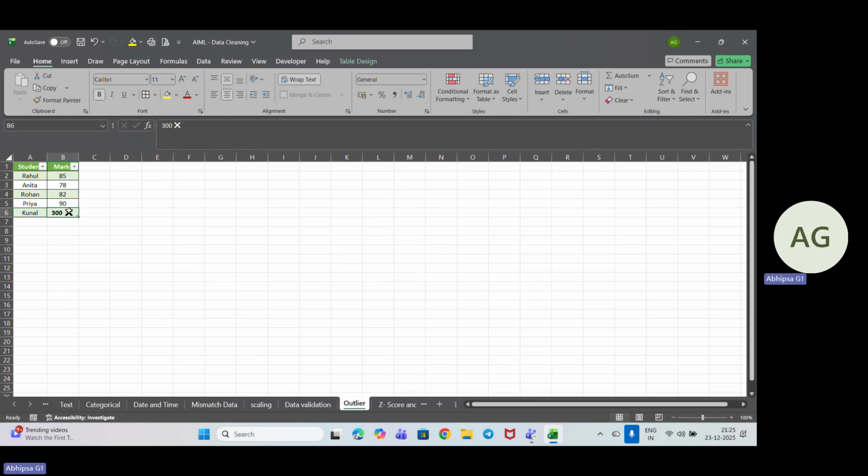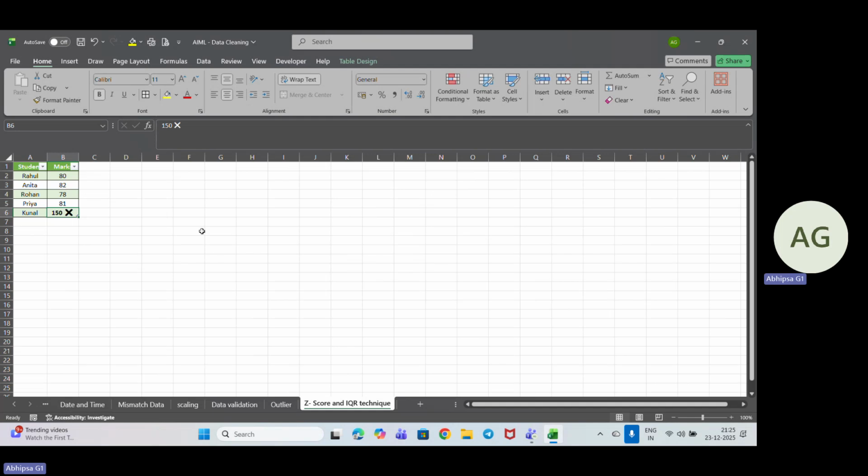Okay, so now we will discuss the Z score, which is a way by which we can handle outliers. So here is the Z score. This is the outlier here, that is 150.